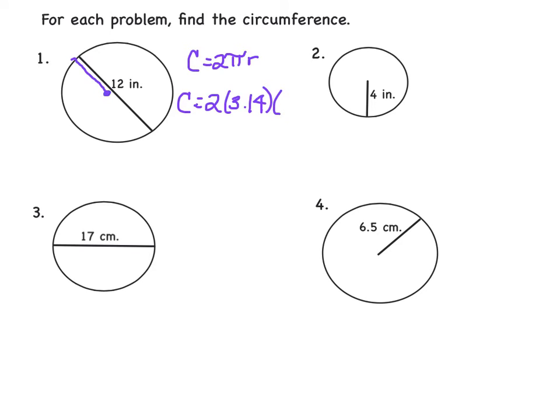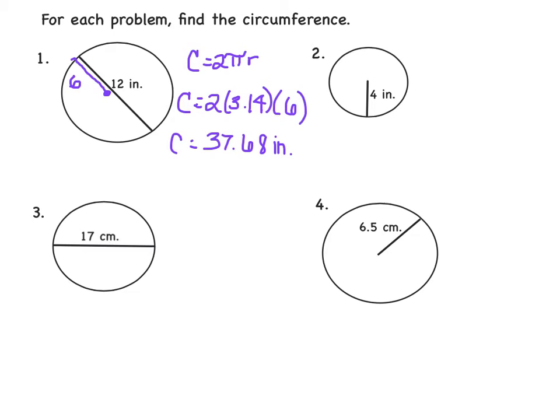I only want the radius. So 12 divided by 2 is 6. So my radius for this circle is 6. Multiply everything out, and you should get 37.68 inches. Make any corrections before moving on to number 2.